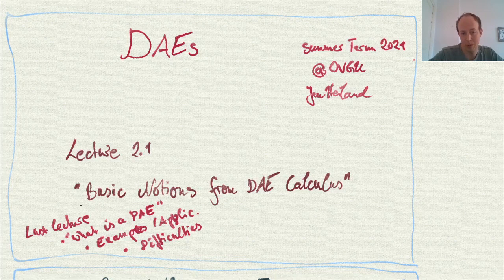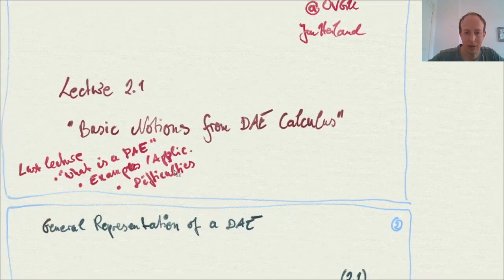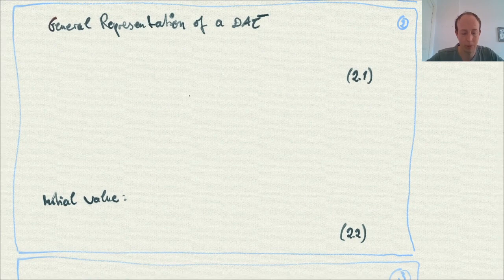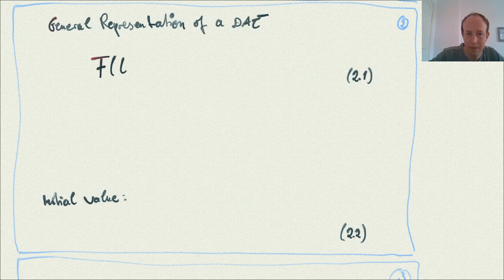Okay, and today we want to start with the theory on all that, and for that we need the right words to talk about that, and that's what we're going to introduce today. We will start with how can we write a DAE in a general form, and for that let me write down just the equations, or basically the representation.